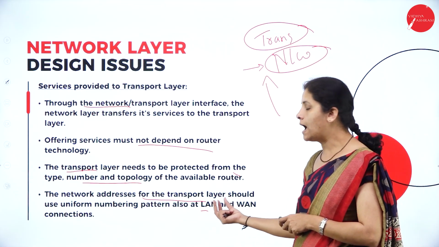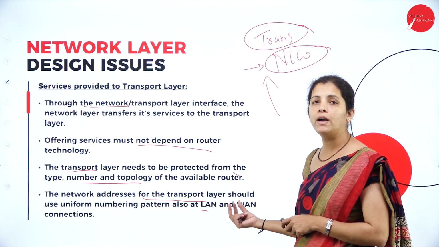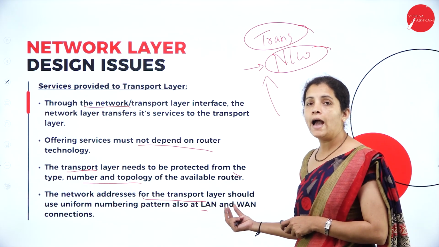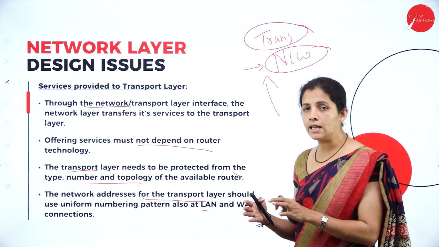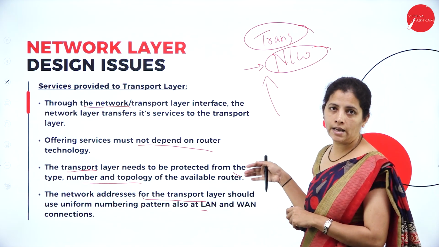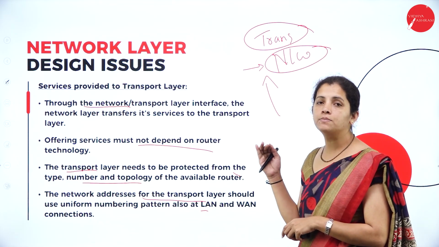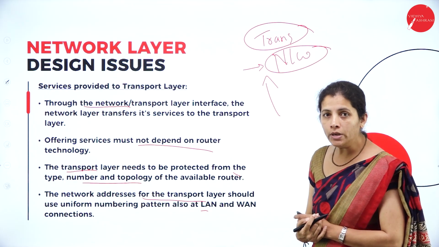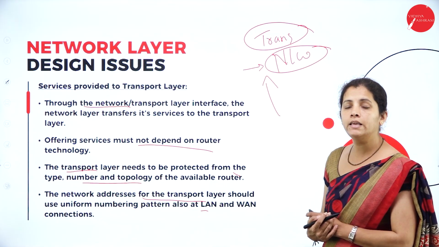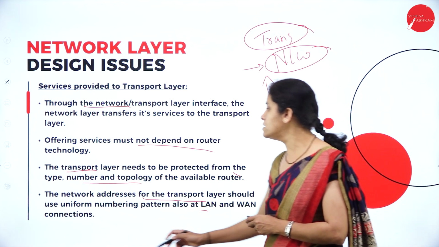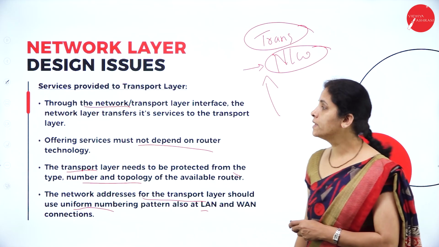If I consider LAN and WAN, and I have these systems in my LAN or WAN connection, each device must be uniquely identified by an address. So that is uniform numbering.